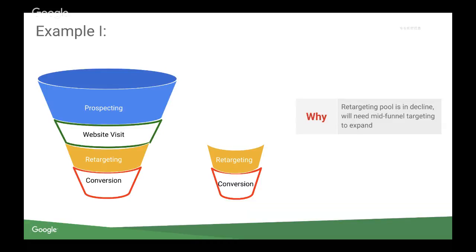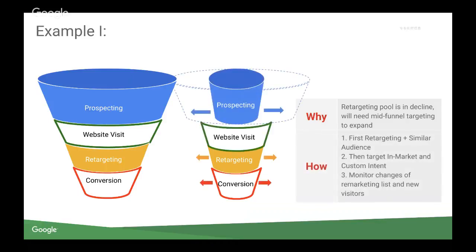Because the retargeting pool could decline after a period of time, you would need mid-funnel targeting audiences to expand. With prospecting in place, you'll be able to refresh the retargeting pool and also get continuous growth in the retargeting pool.